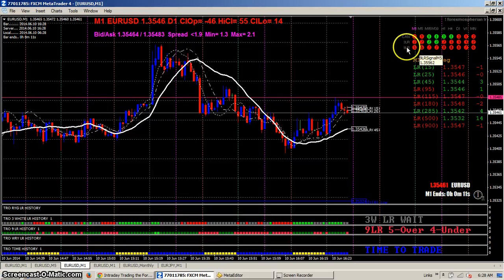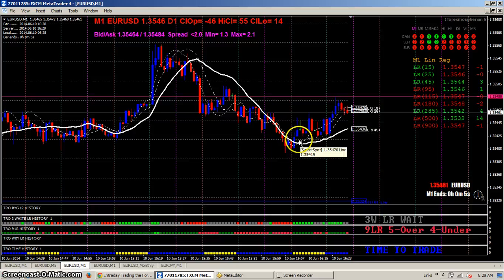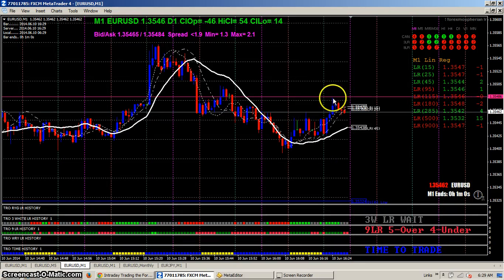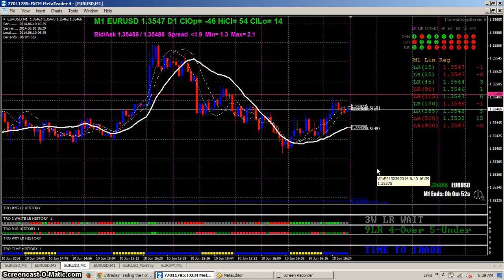Would you use that to bail out of the trade? Because if you got in, you had your 3 pip scalp here, because from here to here is about 6 pips, and with this spread, in the euro it's only 2, so you probably had 3, 4, maybe even 5 pips.